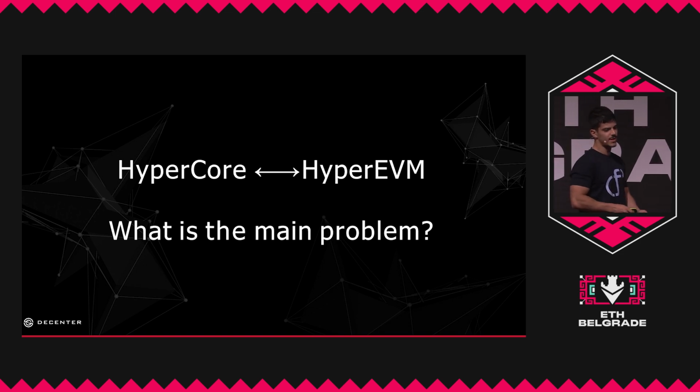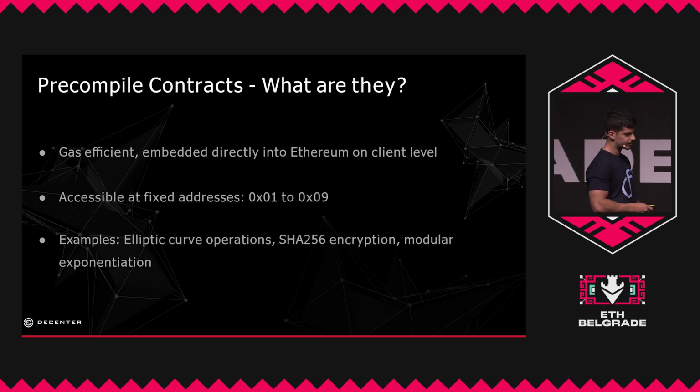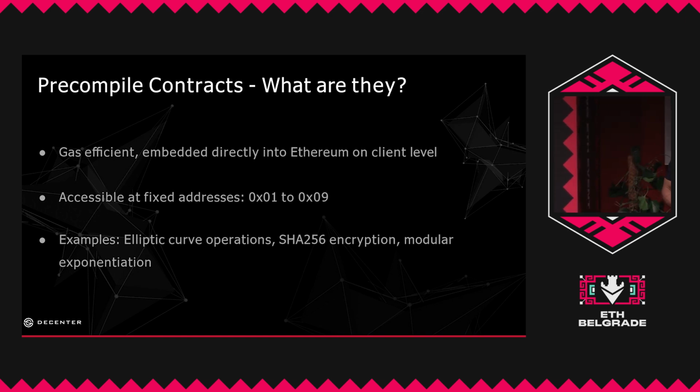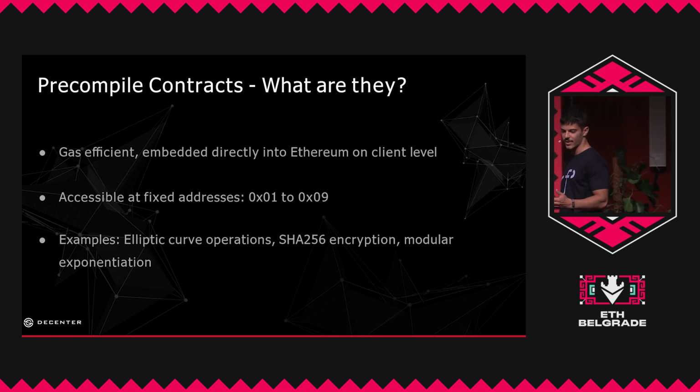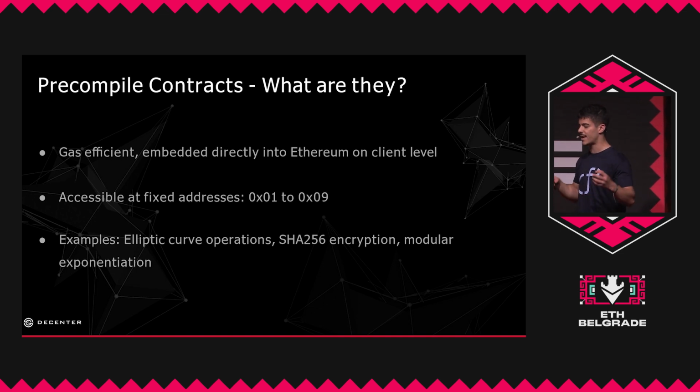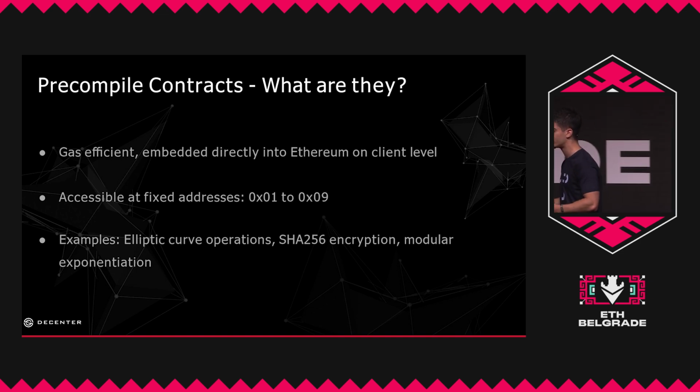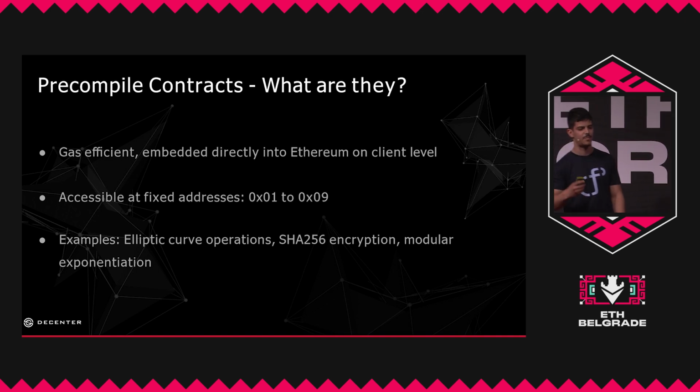Now, precompiled contracts are not something new. They already exist on Ethereum, where they're used for operations that are constantly needed and that are gas intensive. So precompiled contracts are gas efficient functions embedded directly into Ethereum on client level, meaning that these are not Solidity smart contracts compiled right in the EVM.